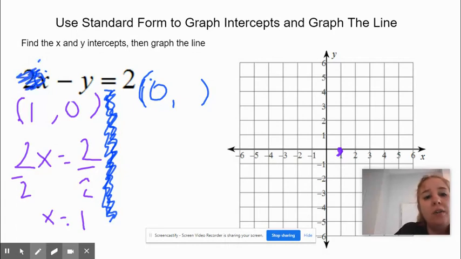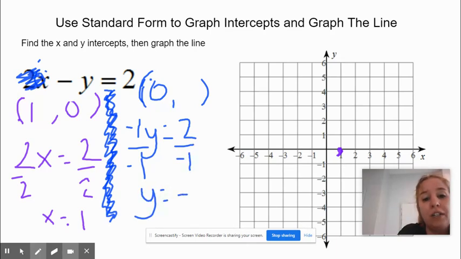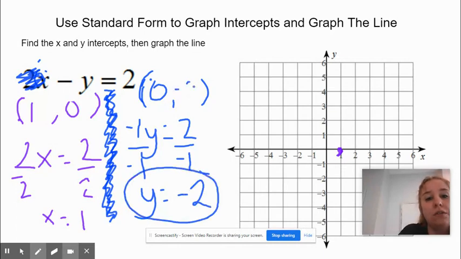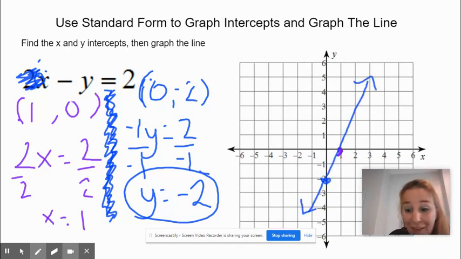So we have negative 1y equals 2. Then we divide both sides by negative 1. And y equals 2 divided by negative 1, which is negative 2. So 0, negative 2. That's our second point, and you connect the dots. So it's basically just putting everything we've done so far together.